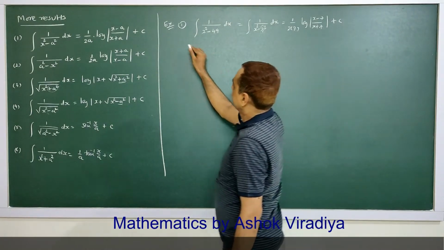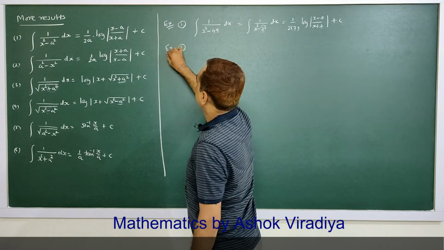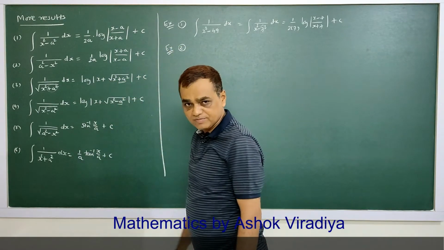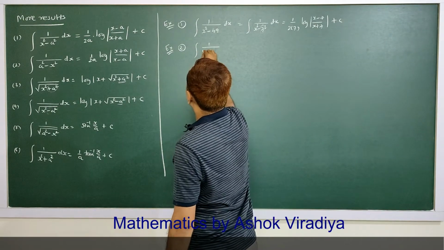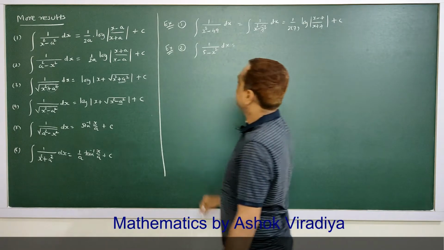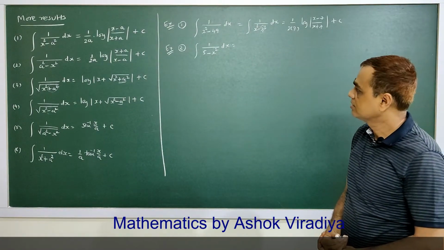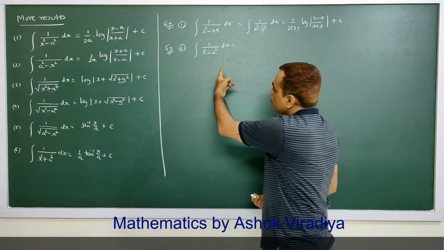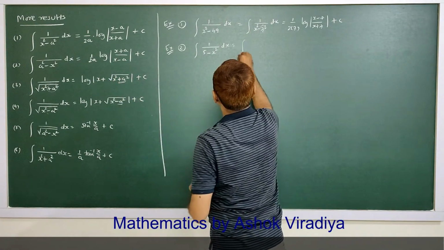Second example, application of second formula. Suppose 1 upon 5 minus x square. We want to integrate 1 upon 5 minus x square. So if you compare with this result, its pattern is like 1 upon a square minus x square.